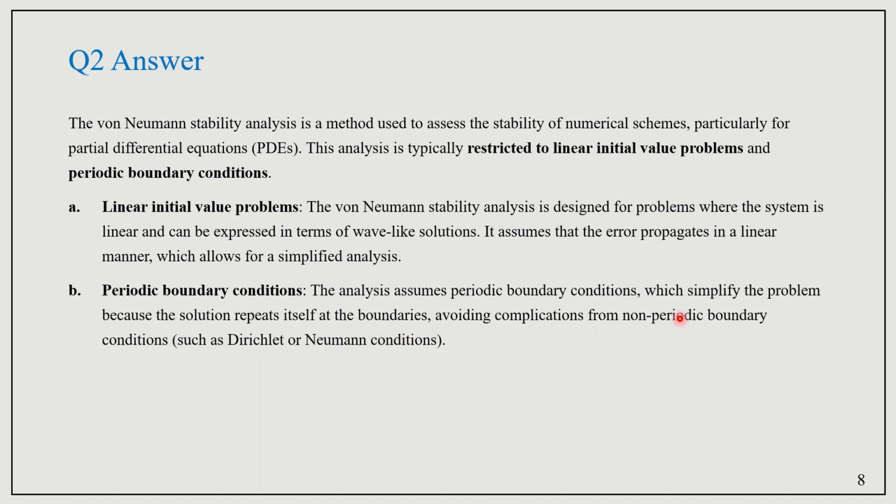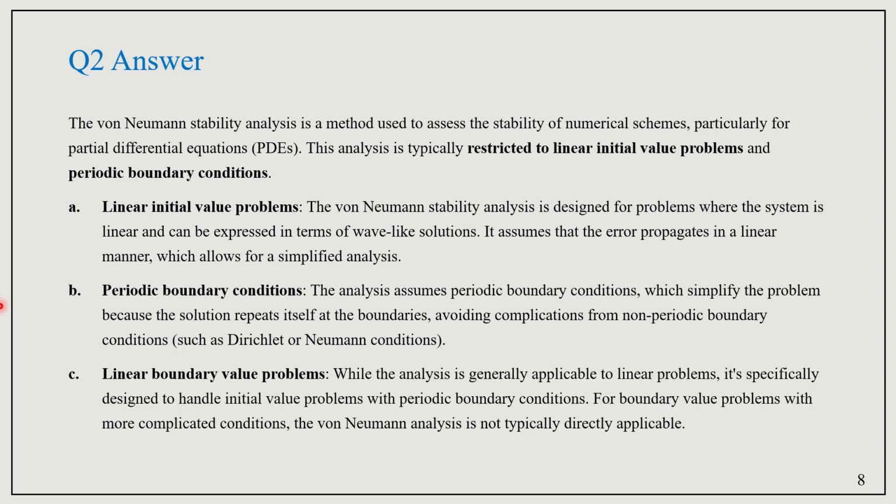What happens in a periodic boundary condition is that we give a repetition of the values at the boundaries, so different boundaries we can connect and give the values. It lowers the complication arising from using non-periodic boundary conditions at all boundaries.